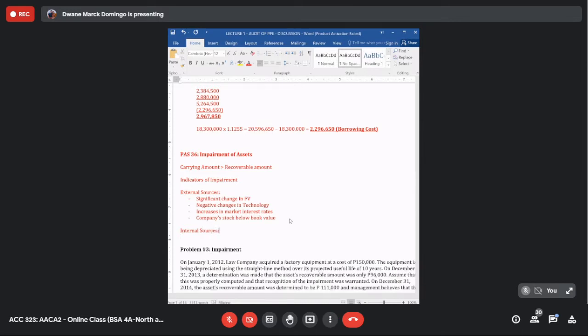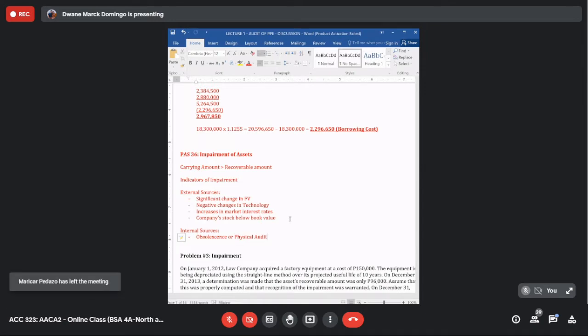So kapag nag-plant tour tayo, makikita mo kaagad yung first example, yung obsolescence or physical damage. So nakita mo sa audit mo, sa records, ang ganda pa ng amount, pero makita mo yung machinery ay nangangarag-narag na or di na talaga magamit. So it might indicate an impairment of asset. So ibig sabihin, yung book value recorded, baka iba na yung amount, nag-exceed na sa recoverable amount.